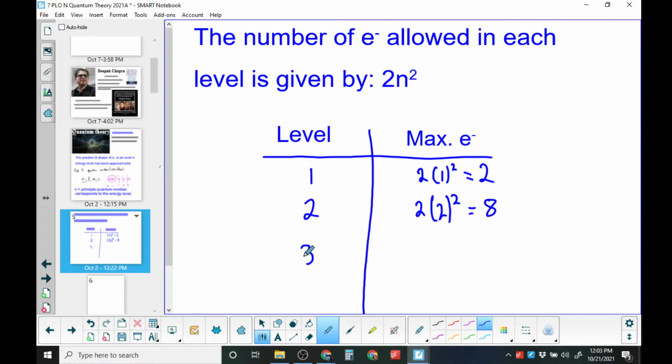Going too fast, going too fast. 18. 3 times 3 is 9. 2 times 9 is 18.